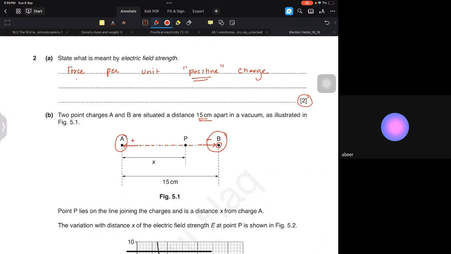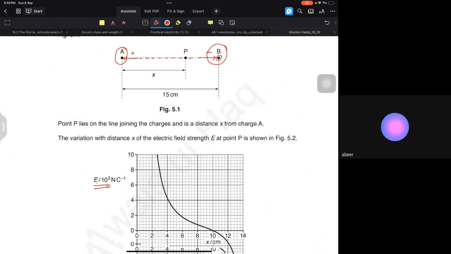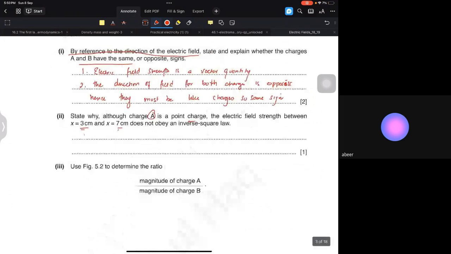Do you guys understand this? So if I were you, I would say that charge A is not isolated, so the field is influenced by charge B as well.